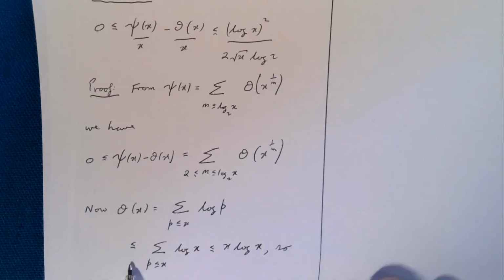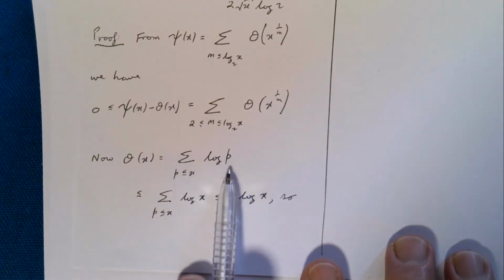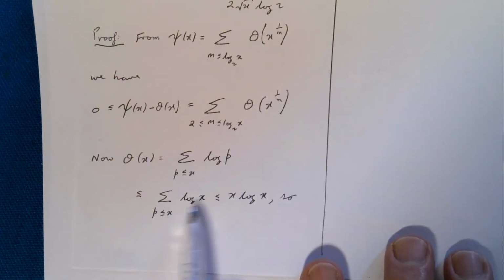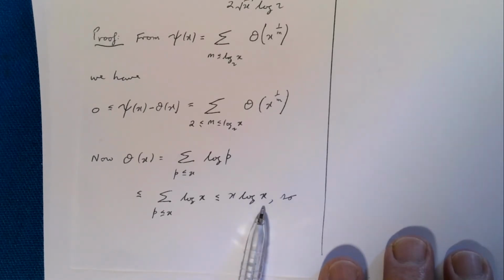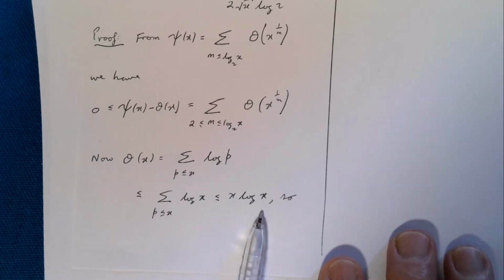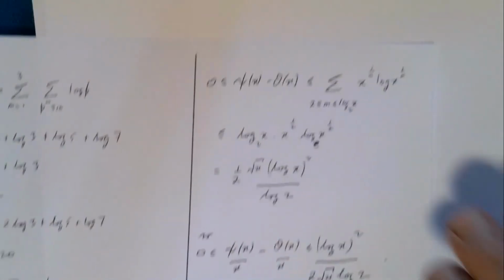Now we can get a very rough approximation. We can just replace p with an x and say this is the sum of log of x over the primes less or equal to x, which is of course less or equal to x log x. Pretty rough approximations at the moment. So we plug this in here.